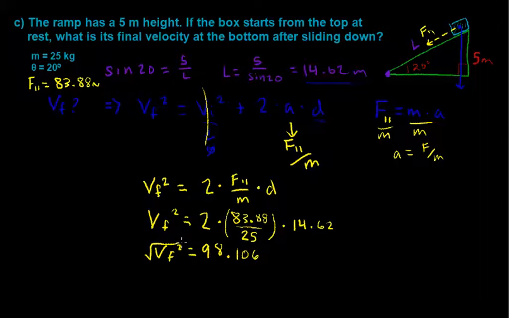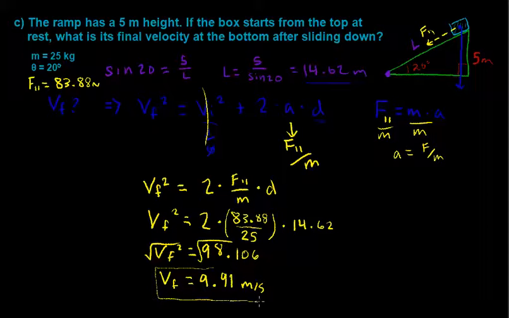And then all we have to do is square root both of these values, and we get that our final velocity at the end of the ramp is 9.91 meters per second. So after all of that, we have found our final velocity, which concludes our ramp problem.